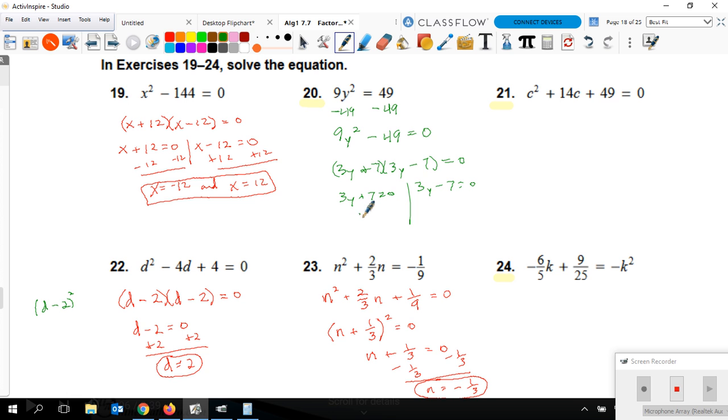So we're going to subtract 7, so it's going to be 3y is equal to negative 7. This one you add 7, 3y equals positive 7. So now when we divide by 3, y is going to equal a negative 7/3, and y is going to equal a positive 7/3. So there's my two answers right here for y.